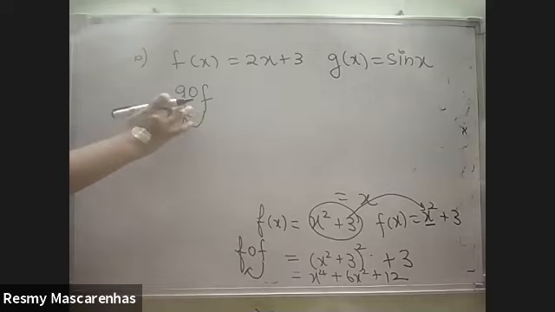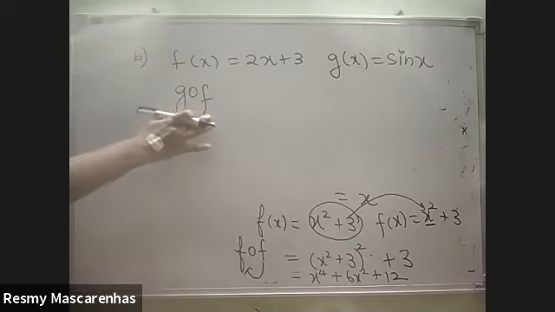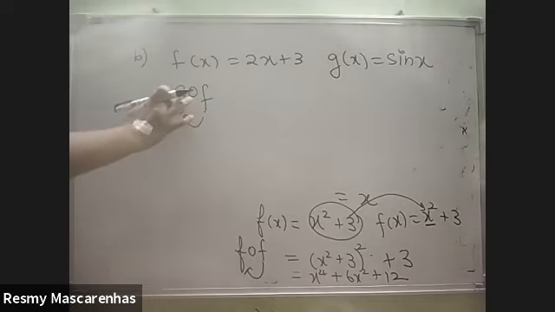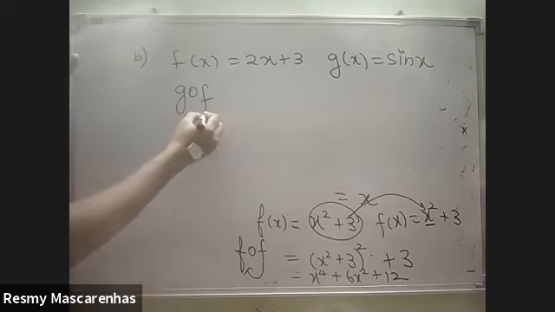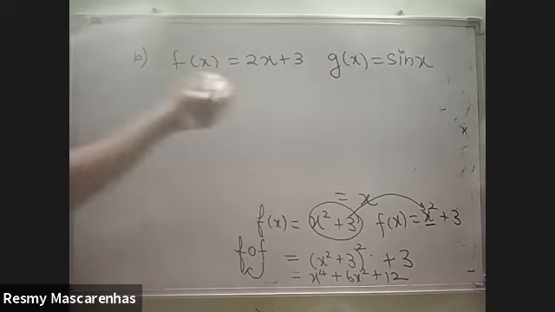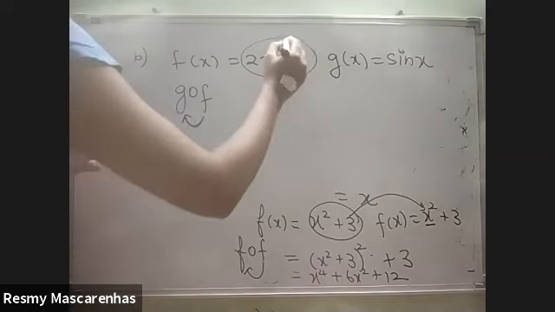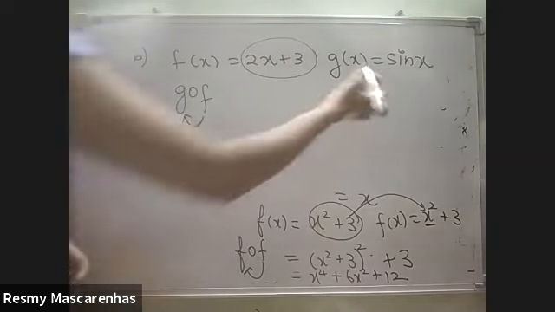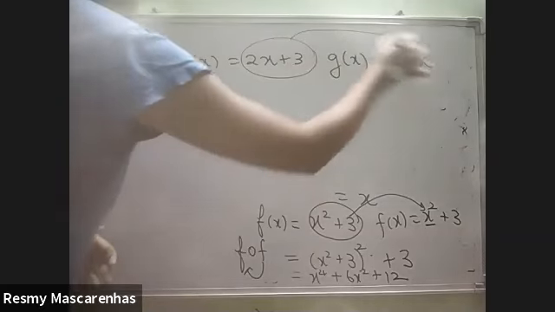F you have to substitute in G. Please do not forget this. Always it is the opposite. If you substitute G in F for GOF, the entire problem will be wrong. So remark and keep so that later when you're studying, you know that F you have to put in G. So this whole F will go in G. G means wherever there is X, there it will go.